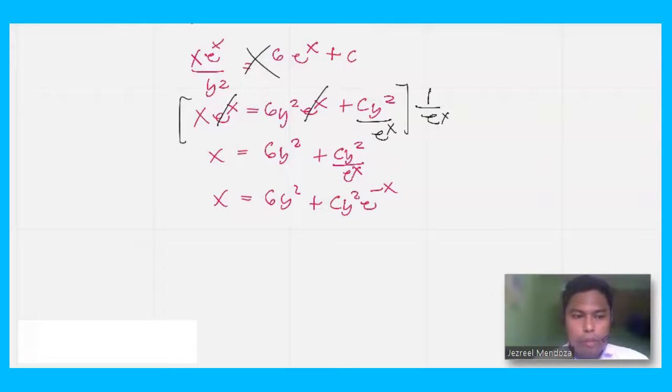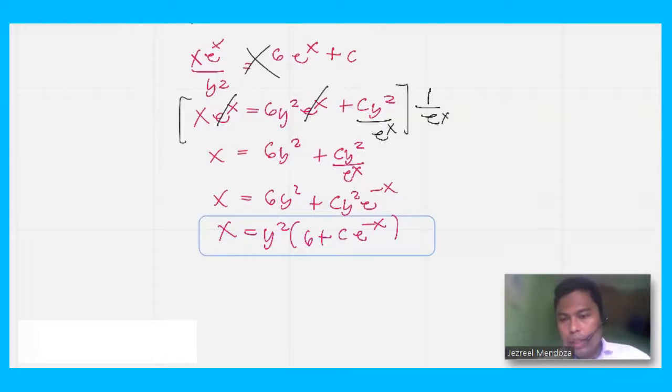And then factor out y squared, so x is equal to y squared times 6 plus c e to the negative x. Again, so this will be our final answer for our problem. This is the general solution to the problem.